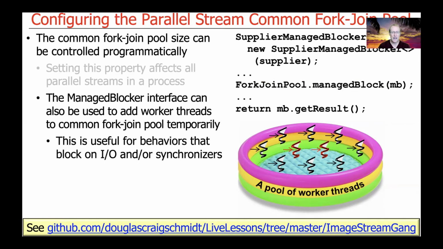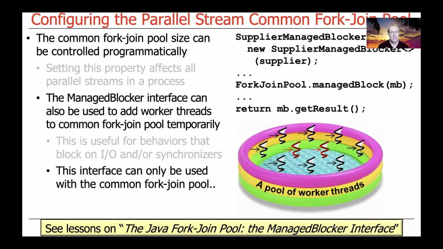These threads are particularly useful for blocking I/O operations, like downloading the images we talked about, or various kinds of blocking synchronizers like semaphores or condition variables and so on. This ManagedBlocker interface can only be used with the common fork join pool. You can't use it with a regular old fork join pool that you might create yourself. It's really just intended to allow that common pool to expand.